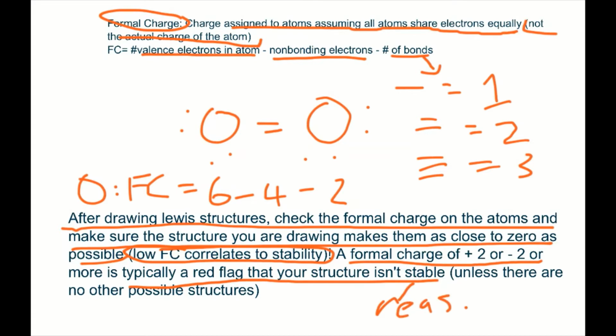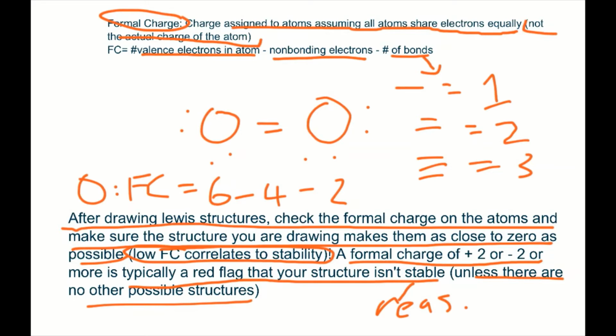The only case where this is not true is if there are no other possible structures, and in that case, having a +2 or -2 or even greater formal charge is fine. But that's only when you actually can't do anything about it.